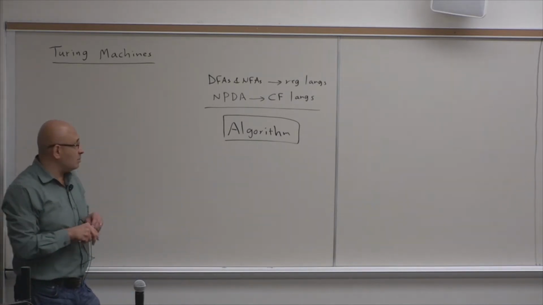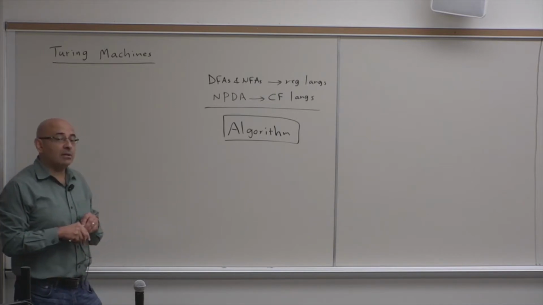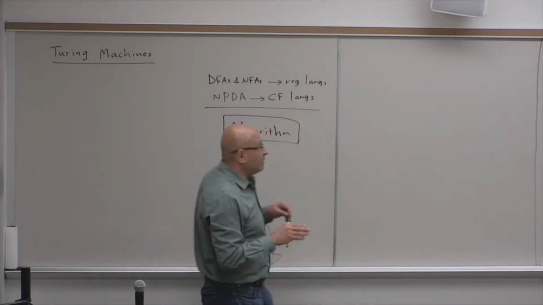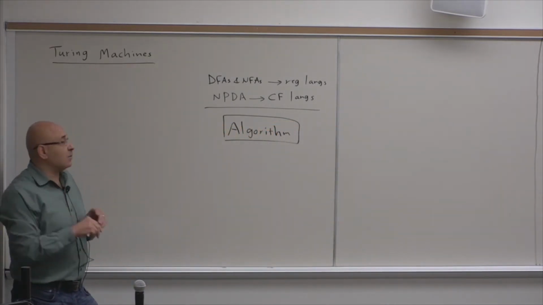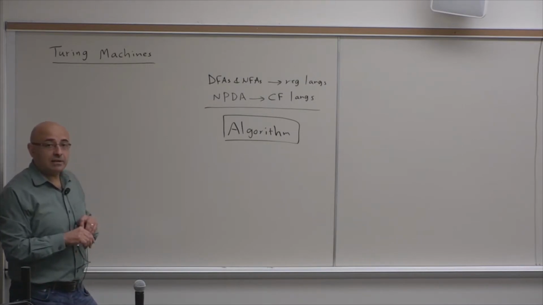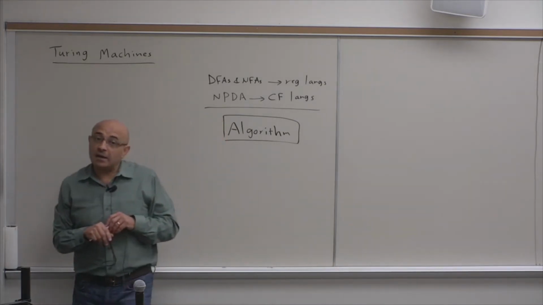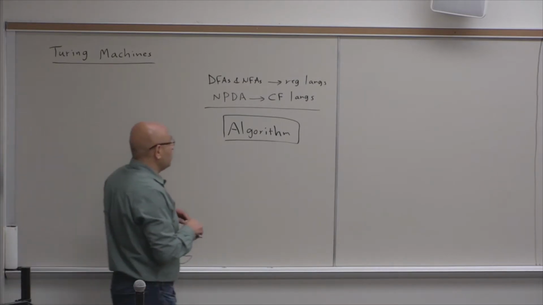Any program that you write implements an algorithm, and that algorithm is just a sequence of steps for solving a problem. And as we will see later, not all problems are solvable using algorithms. Not all problems are solvable using computers.